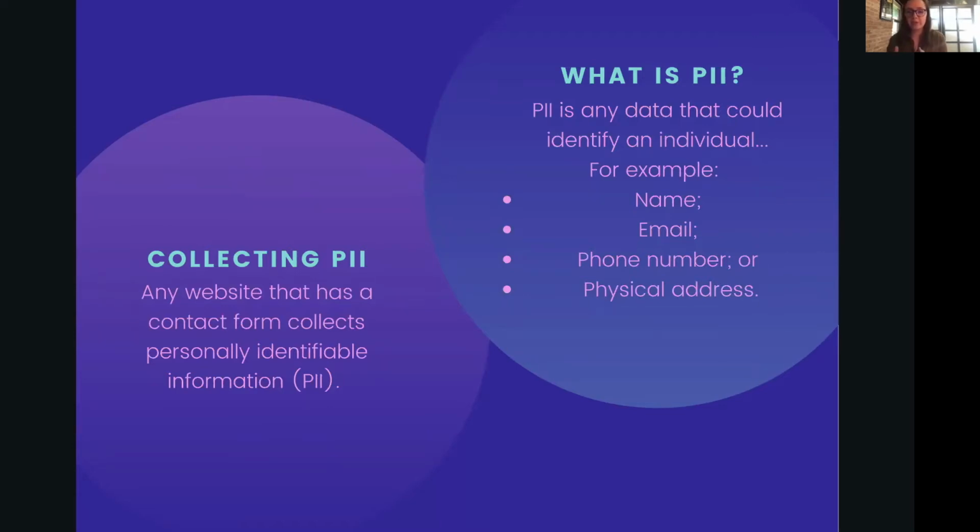Examples would be name, email, phone number, or physical address. So when you're building a contact form, you can see how that form collects PII. Or a website that has a newsletter sign up form, a checkout form, or a make an appointment page. All of those forms collect personally identifiable information.